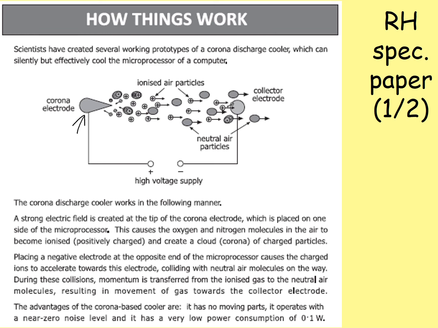Placing a negative electrode at the opposite end of the microprocessor, that's here, causes the charged ions to accelerate towards the electrode, colliding with neutral air molecules in the way. So the charged particles are moving and they collide with the neutral air particles. During these collisions, momentum is transferred from the ionized gas to the neutral air molecules, resulting in a movement of the gas towards the collector electrode.